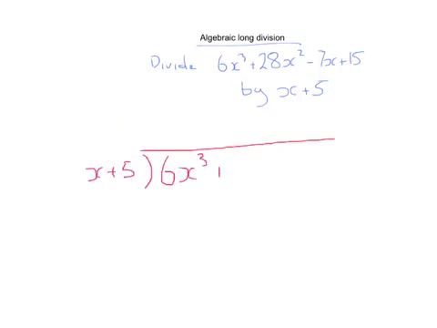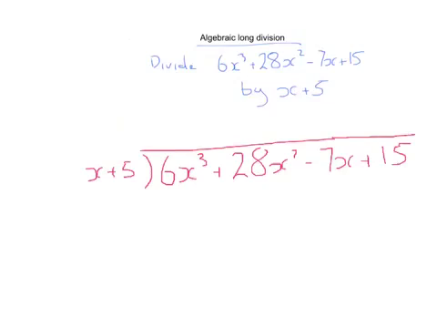I don't mean divided by, I mean this is what we're dividing by. Inside goes 6x cubed plus 28x squared minus 7x plus 15. So x plus 5 is the divider, and we're starting with our 6x cubed plus 28x squared minus 7x plus 15.